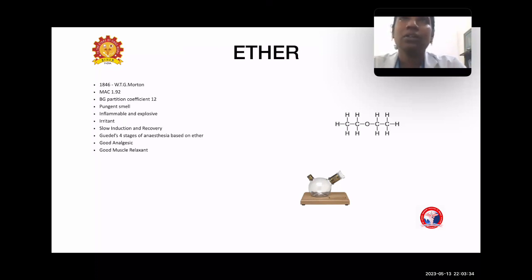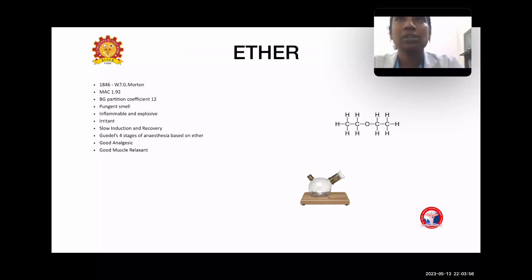Moving on to the properties of ether, it has a pungent smell, and it is inflammable and explosive. It is an irritant gas. Because of this, the use of ether has nowadays been limited. It is also a slow induction agent, and its recovery is also slow.